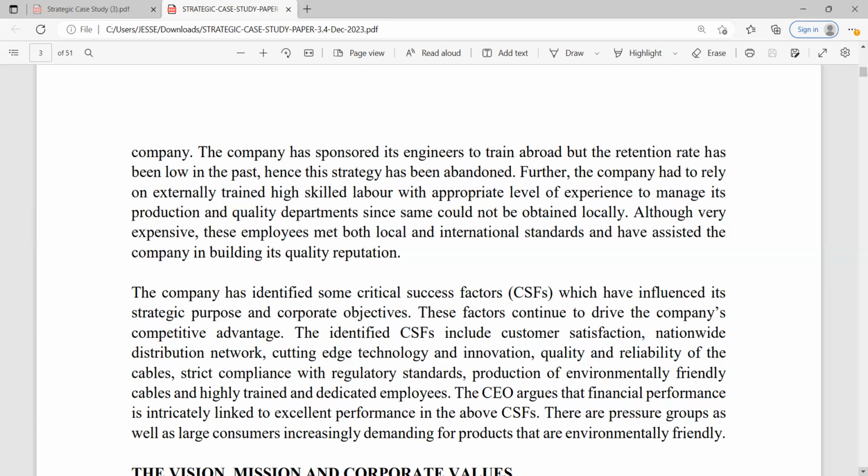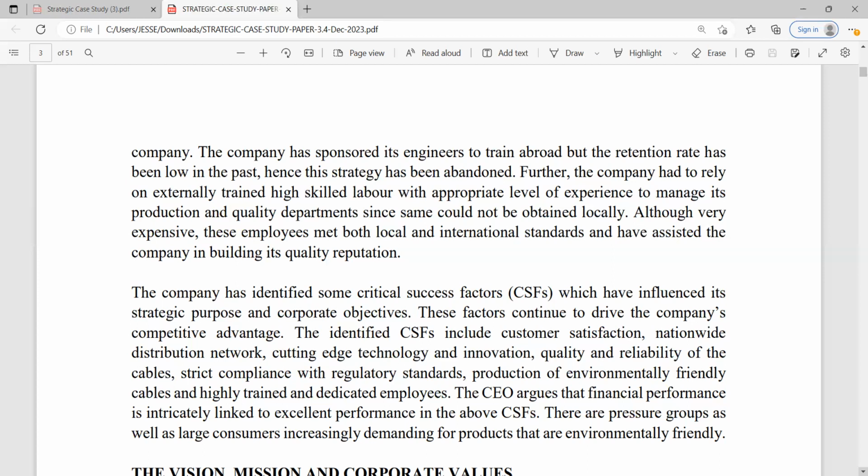The company has sponsored its engineers to train abroad, but the retention rate has been low in the past, right? So you see, when it comes to HR, one of the important things is to understand retention, recruitment, training, and development, right? So recruitment is basically bringing people in.